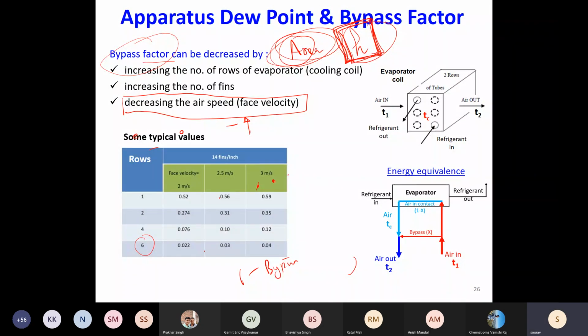So if you have more number of rows, you see bypass factor reduces. So it's almost 96%, 97% effectiveness. Okay, if you have smaller air speeds, you see that again bypass factor is less at smaller air speeds. Okay, but I do not have the data for variable fin pitch because this fin pitch was constant for the heat exchanger.